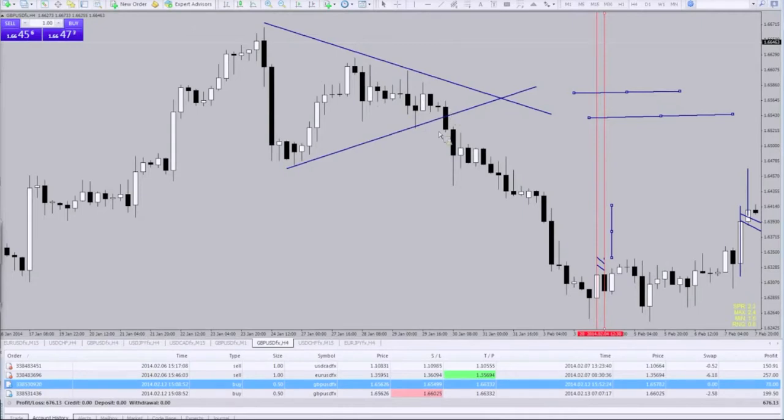Then we're looking for a breakout, a close above or below the wedge, preferably in the direction of the trend, or in the direction of the new trend if we have a confirmed change of trend. Our take profit on the wedge will be equal to the back of the wedge. As you can see, this particular wedge played out pretty easily.